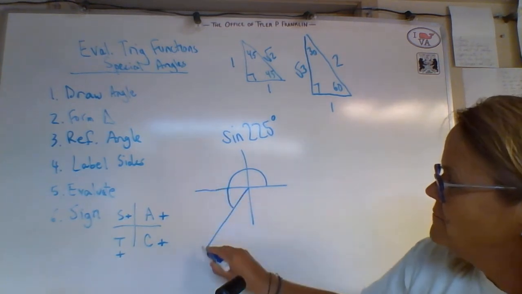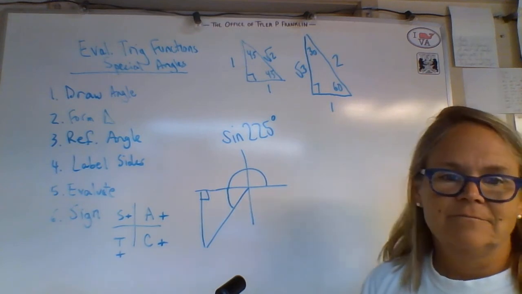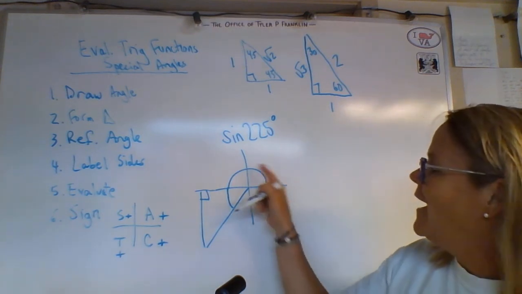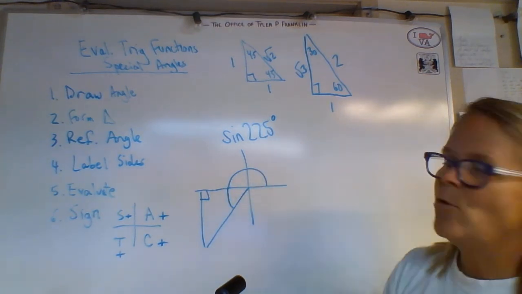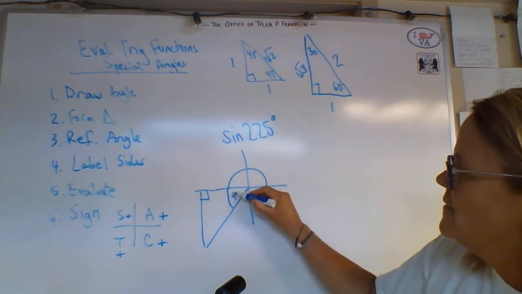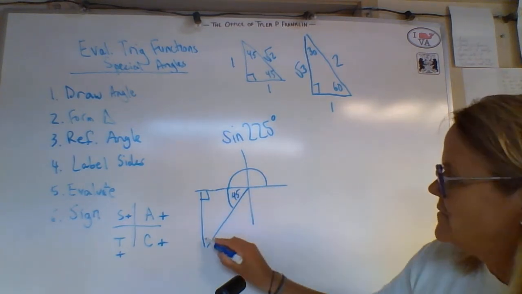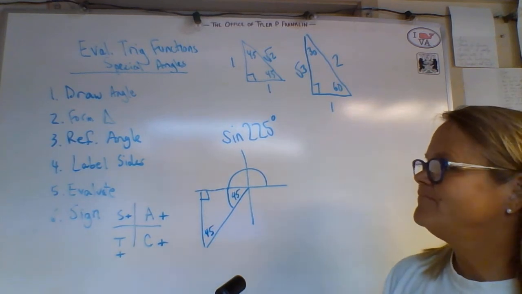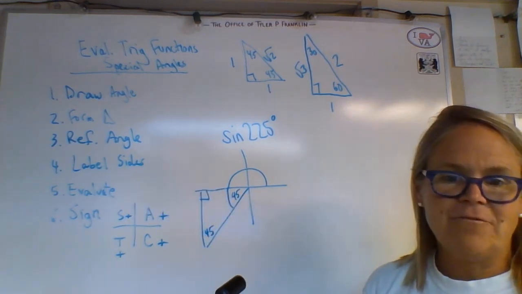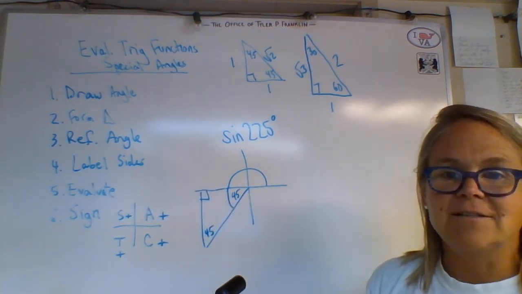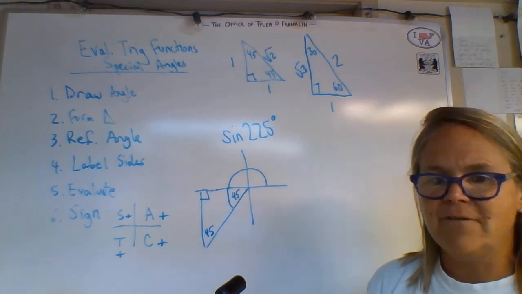Make your triangle, connect to the x. I went 180. How much more to get to 225? 45. Well, if that's 45, that's 45. There's the reference angle. Label your sides in a 45, 45, 90.